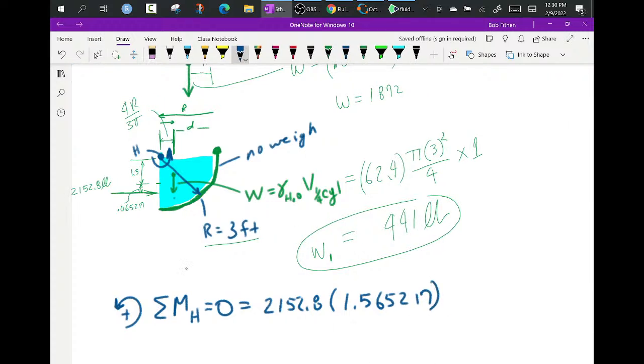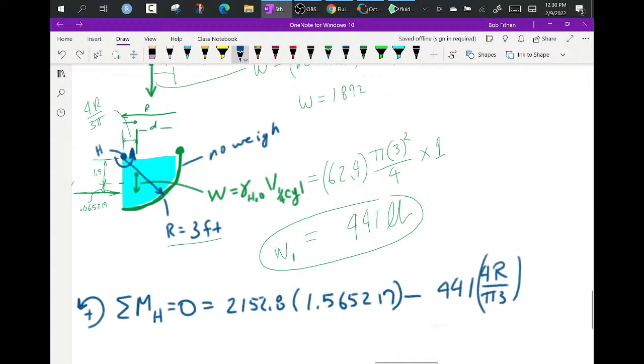Now, this one's creating a force the other way, so it is minus 441. Now here's where I will probably wish that I did not drop my digits. So that's the moment arm.